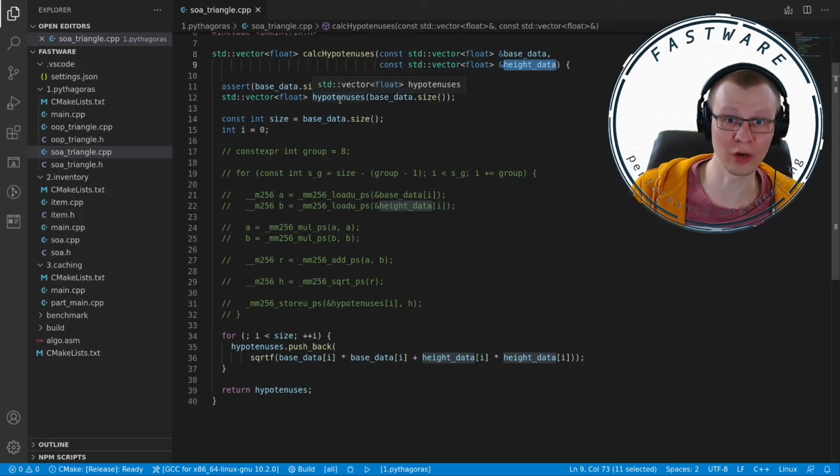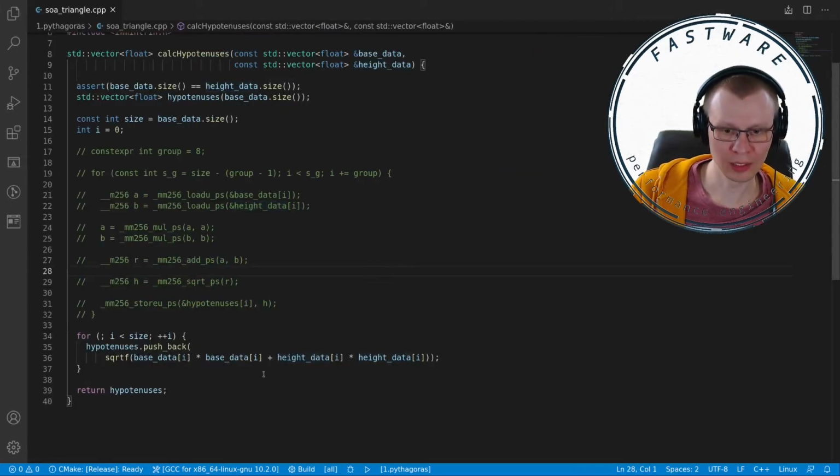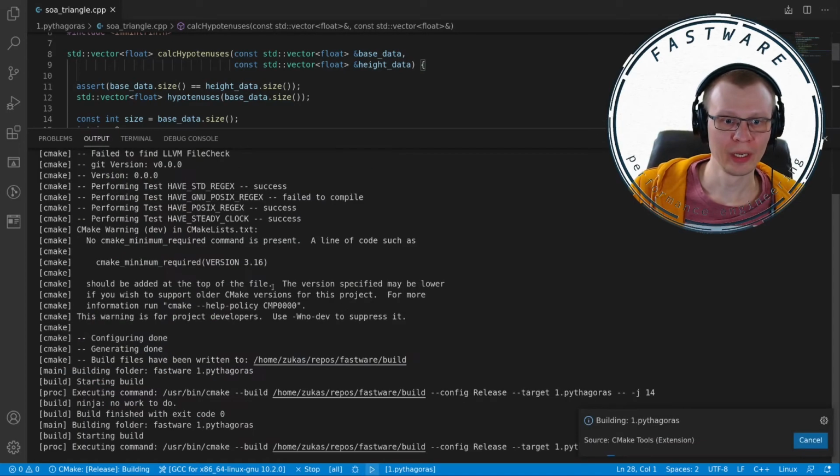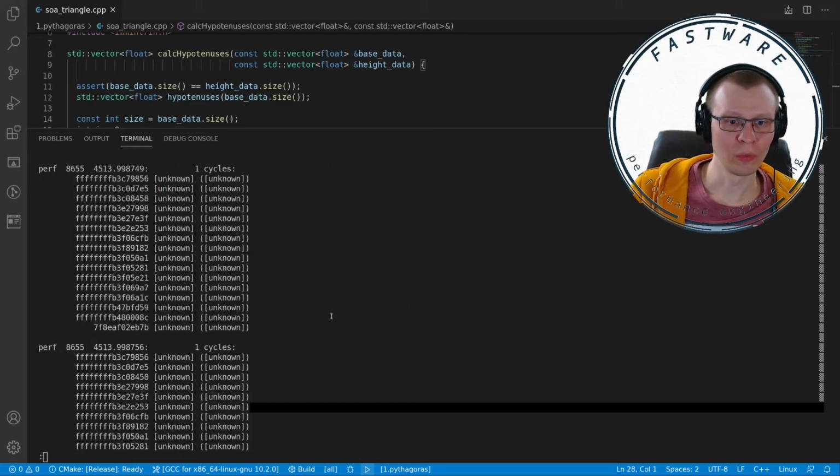We have a vector of hypotenuses, and then we iterate from 0 to the size, calculating the hypotenuse for these bases and heights. Now this is a very trivial algorithm, and let's compile this and have a look at what we'll get.